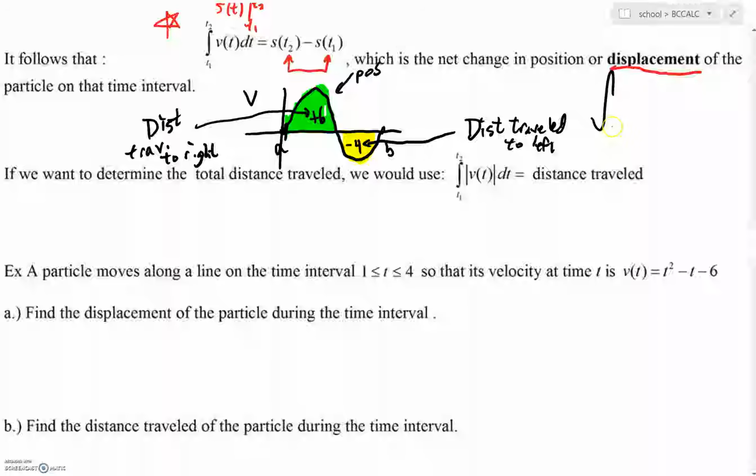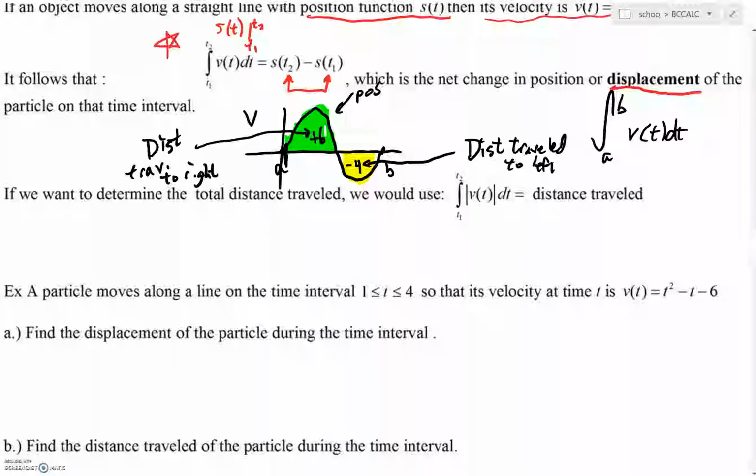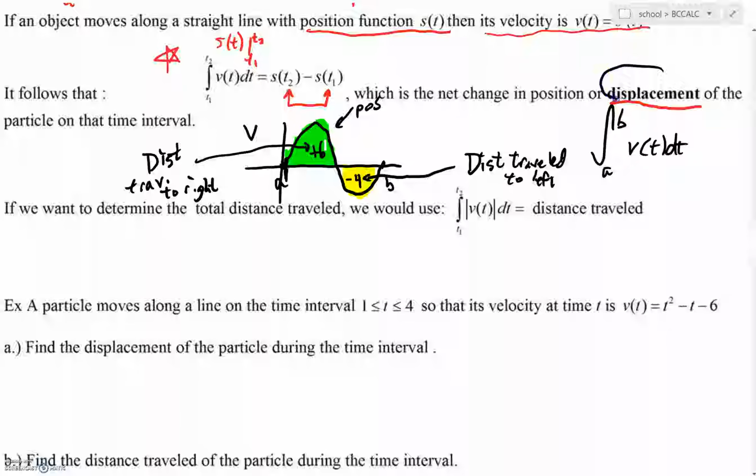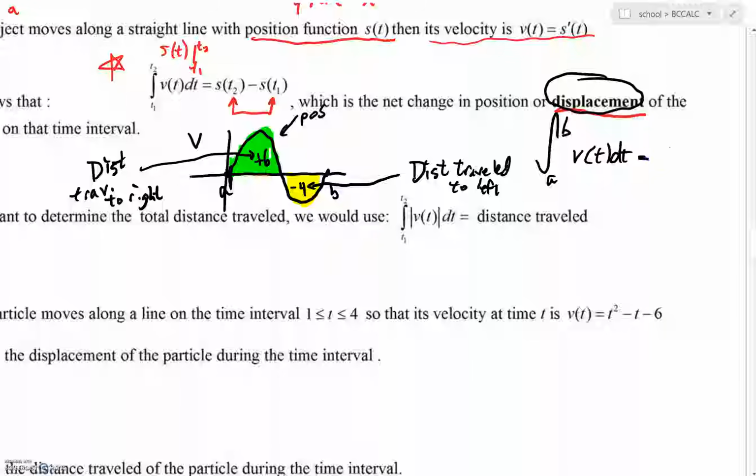So if we were to integrate, going from a beginning time value of a to an ending time value of b, and if we were to integrate velocity, we just said before that integrating velocity on a definite integral is displacement. It's the change in position. Well, imagine that you're traveling 6 units to the right and then you're traveling 4 units to the left.